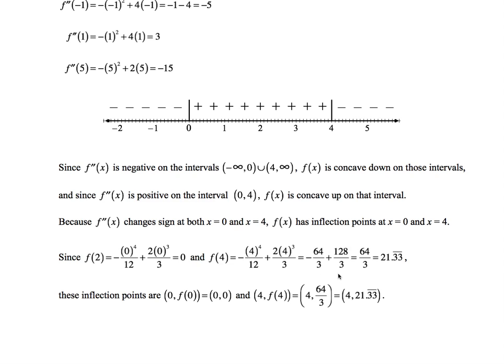Negative 256 over 12 reduces to negative 64 over 3. 4 cubed times 2 is 128, and so that's 128 over 3. Negative 64 over 3 plus 128 over 3 is positive 64 over 3, which is 21 and a third, or 21.333, and the line indicates again that this never terminates. It keeps repeating to infinity.